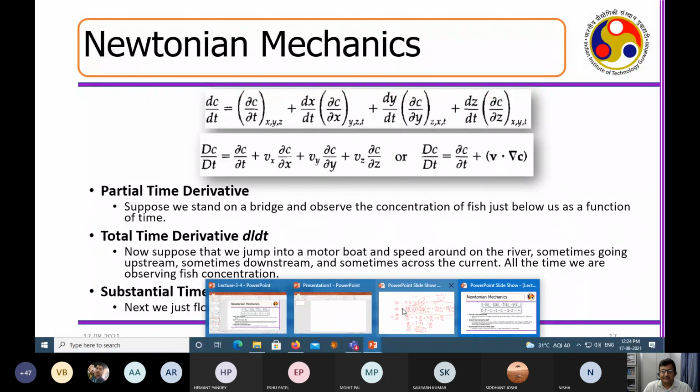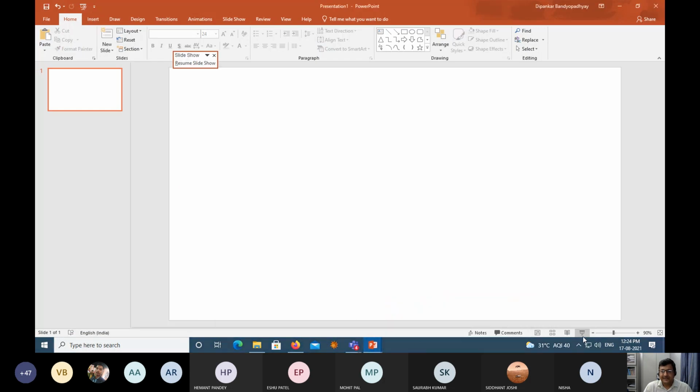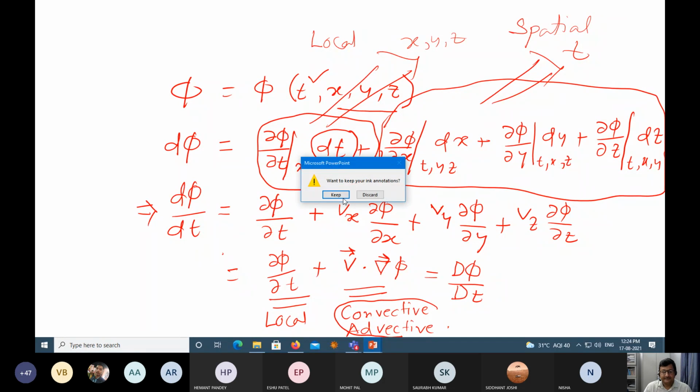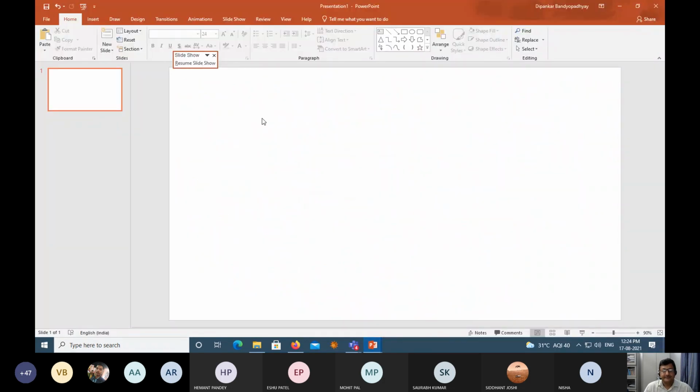What is Newton's second law, by the way? Can anybody tell me what is Newton's second law? Quickly. Force equals mass into acceleration, right? Am I correct? So now suppose I have written rho, which is density, and dv by dt.